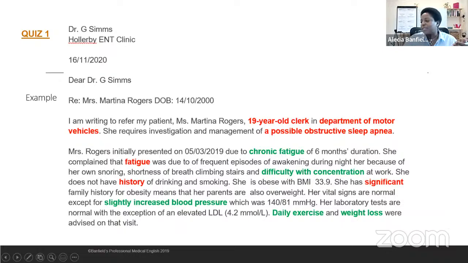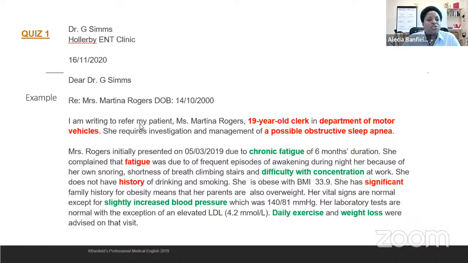Now at this point, I'm going to encourage you to go into the chat and type in. Let me refresh my screen because sometimes the feed causes me to miss some of the comments. There we go. So let's look at the first sentence.